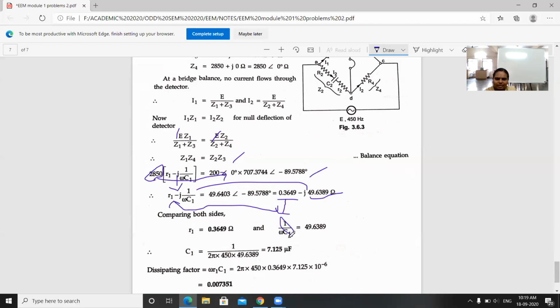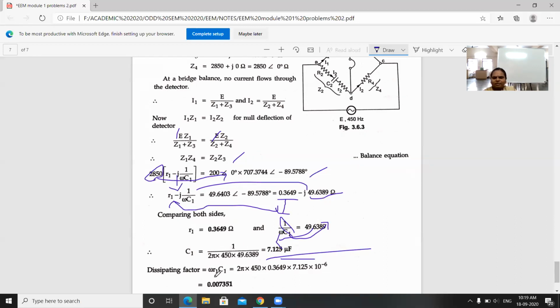We want the capacitor. So shift the capacitor here and this value to this side. You'll be getting C1 is equal to 1 divided by 2 pi into F, which is 450, into 49.6389. So you'll be getting 7.125 microfarad. Okay, calculate here. You'll be getting this value.